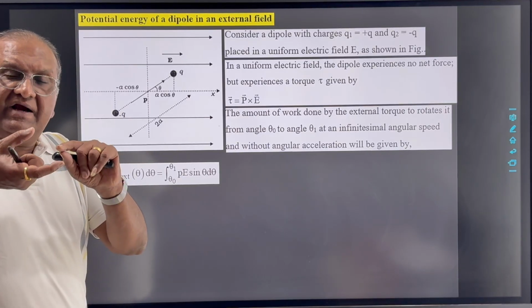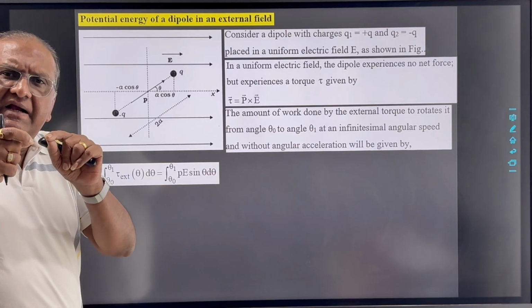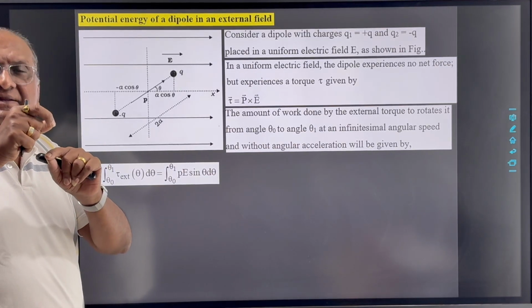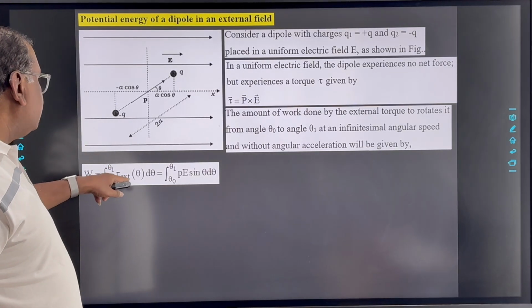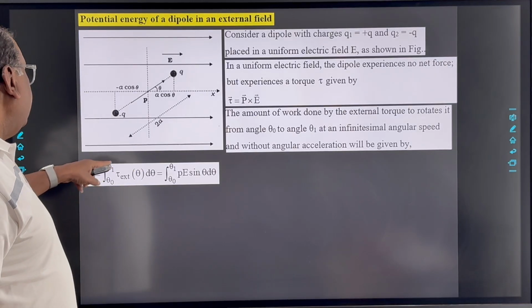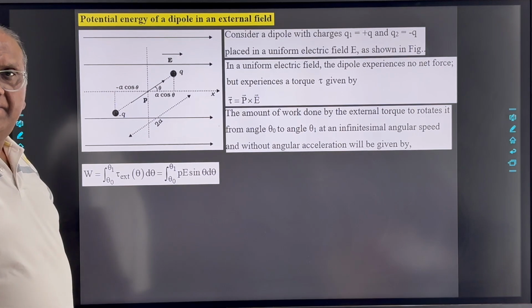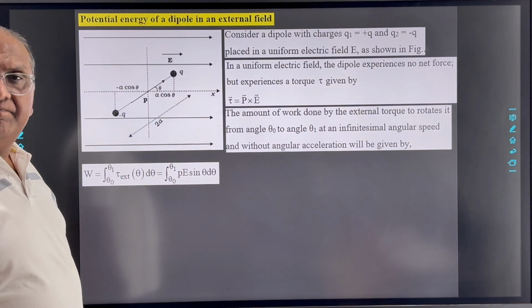It is rotated from theta 0 to theta 1 with many infinitesimally small displacements d theta, d theta, d theta, like that. So the total work done is the integration of tau external d theta from theta 0 to theta 1. Now tau is PE sin theta.